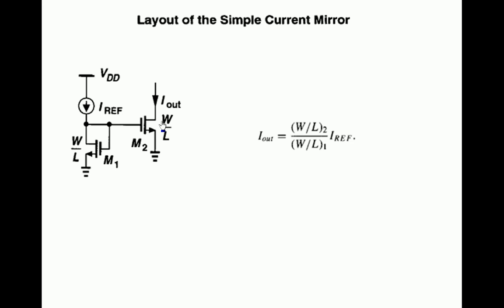Because if you consider minimum channel length for analog design, based on channel length modulation effects, that effect is going to be much more severe when the length is small. So normally the length we take for analog design is more than the minimum length of the technology. And once the length is fixed, it will not be changed. Only the width will change. The width of the MOSFET is going to be changed, but not the length.